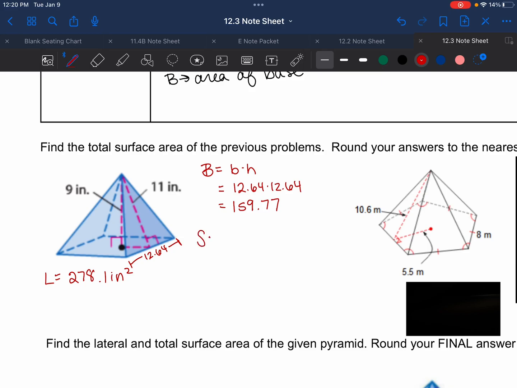So the surface area is the lateral area plus the base area. So it's 278.1 plus 159.77. If we add that up, we get a final surface area of 437.9, and then our units would be inches squared.